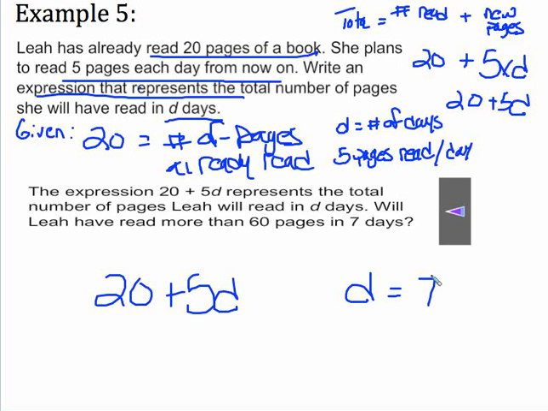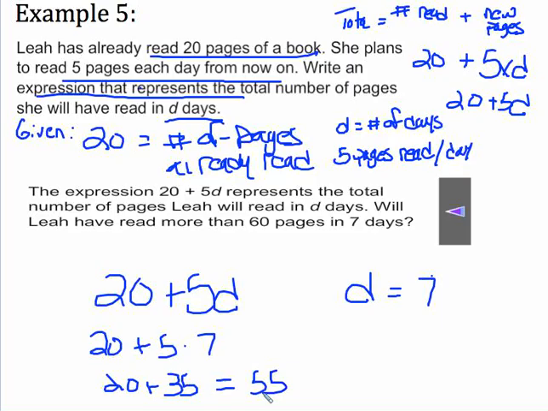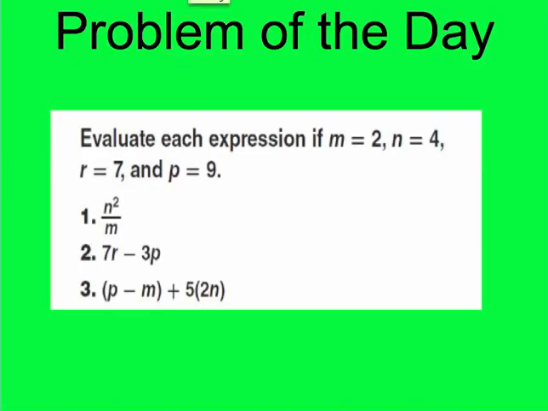Well, 20 plus 5 times 7 is 20 plus 35, which equals 55. So the answer is no, she will not have read more than 60 pages in 7 days. She'd have to read one more day to get to 60, and 2 more days to get past 60. All right, so let's go to our problem of the day.